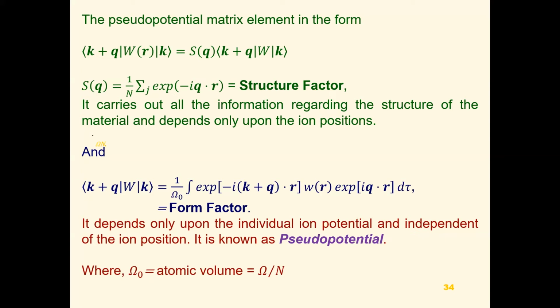And this equation is represented in terms of the form factor. This form factor depends only upon the individual ion potential and is independent of the ionic position, so it is known as the pseudopotential form factor. Here the symbol omega 0 is the atomic volume of the material.